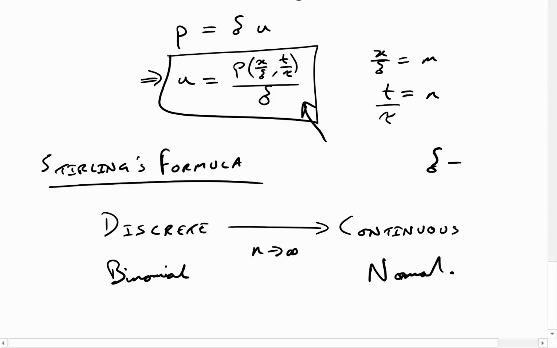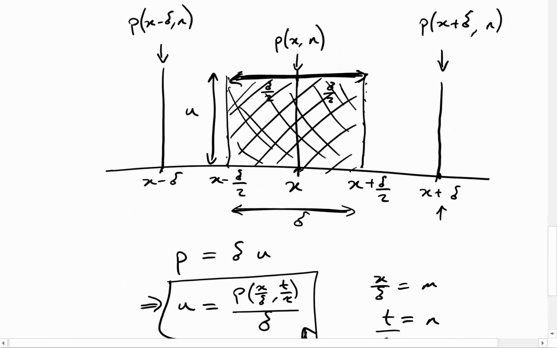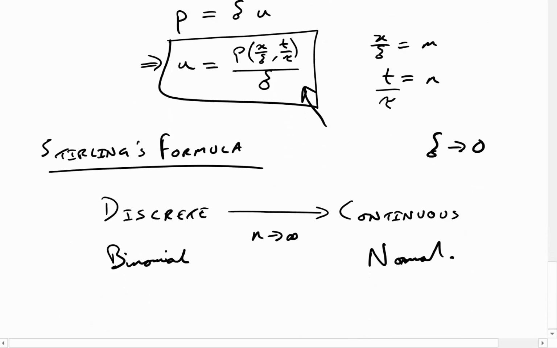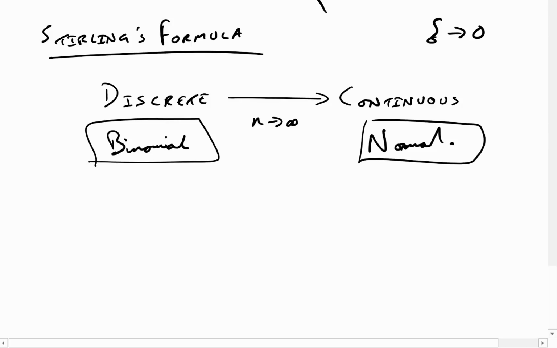So we're considering a smaller and smaller distance for delta. The x minus delta and x plus delta are coming closer and closer to my x, until they're almost on top of it. The distance between them is so small that if we moved them any closer, they would be exactly the same. So as we take more and more time steps, we're going from a binomial distribution into a normal distribution.